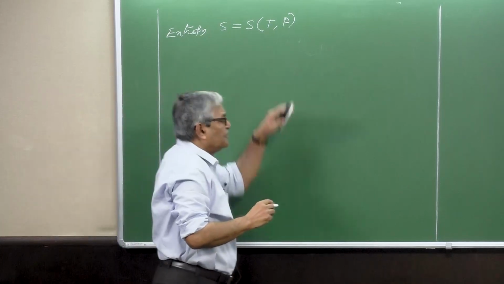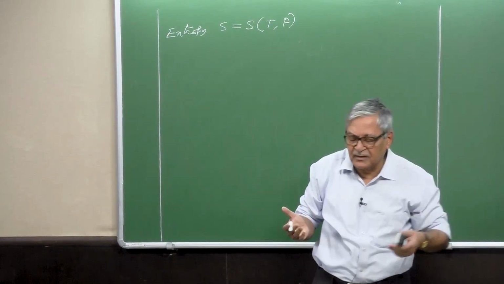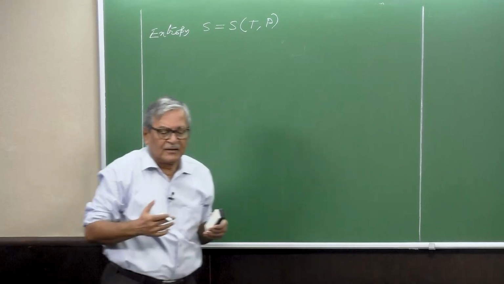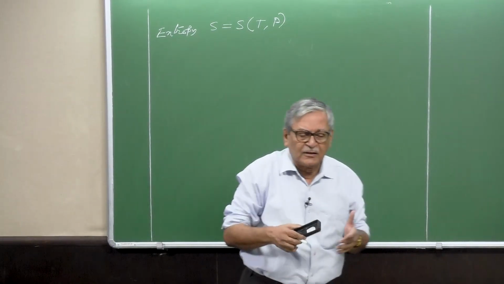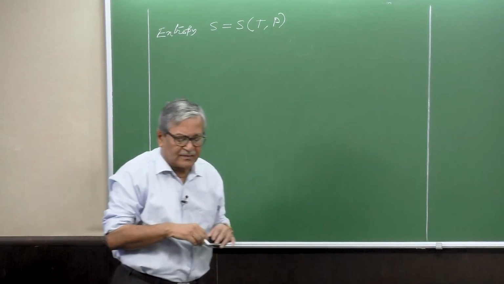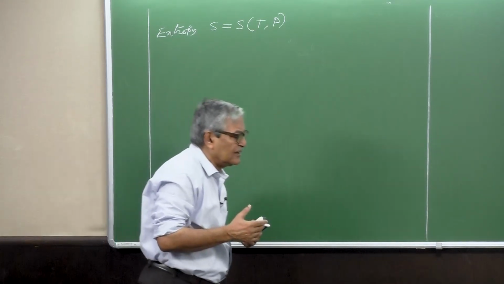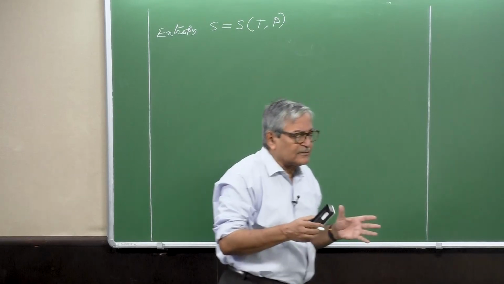Since the appearance of pressure, you can anticipate that it will make the presence of enthalpy felt in the derivation. So there will be the derivative with respect to enthalpy and other things, and that will give us new relations.